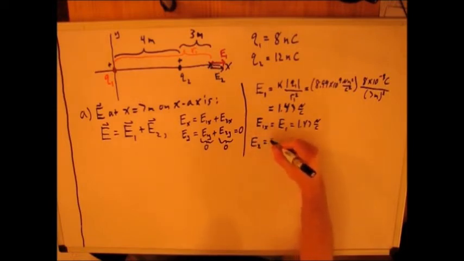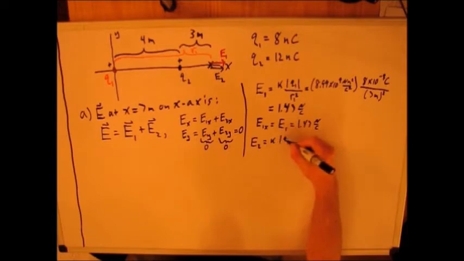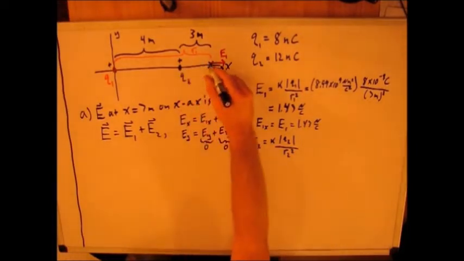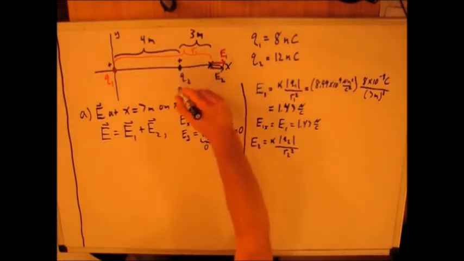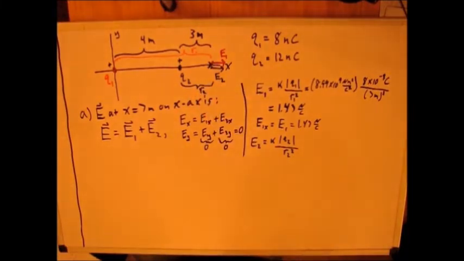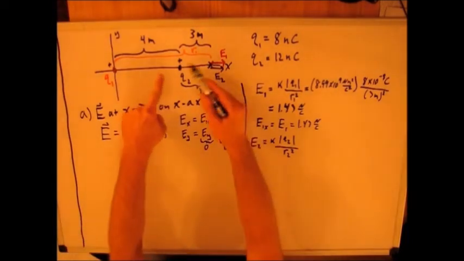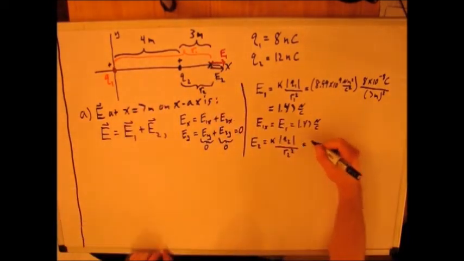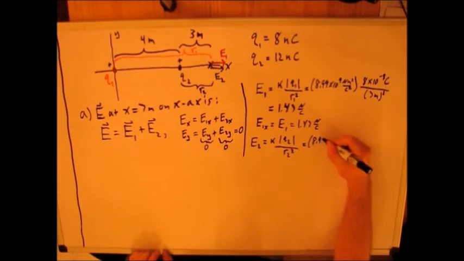The magnitude of E2 is K, absolute value of Q2, over R2 squared. R2 is the distance of this point from charge Q2. So it's that distance right there, R2. And you can see from the picture that's 3 meters. So this is 8.99 times 10 to the 9, I'm going to leave off units for this one.